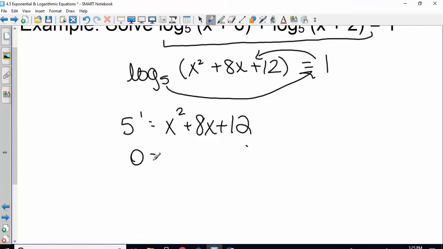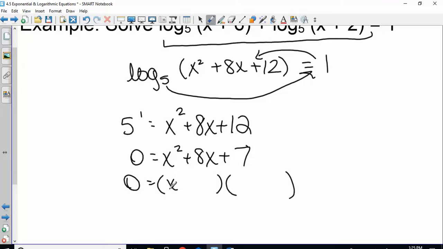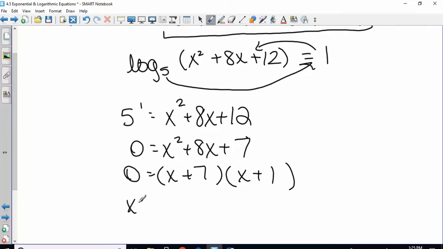So if we subtract over the 5, and then factor, what multiplies to 7 and adds to 8? 7 and 1. So if I set each of those equal to 0, I get x to be negative 7 and negative 1.